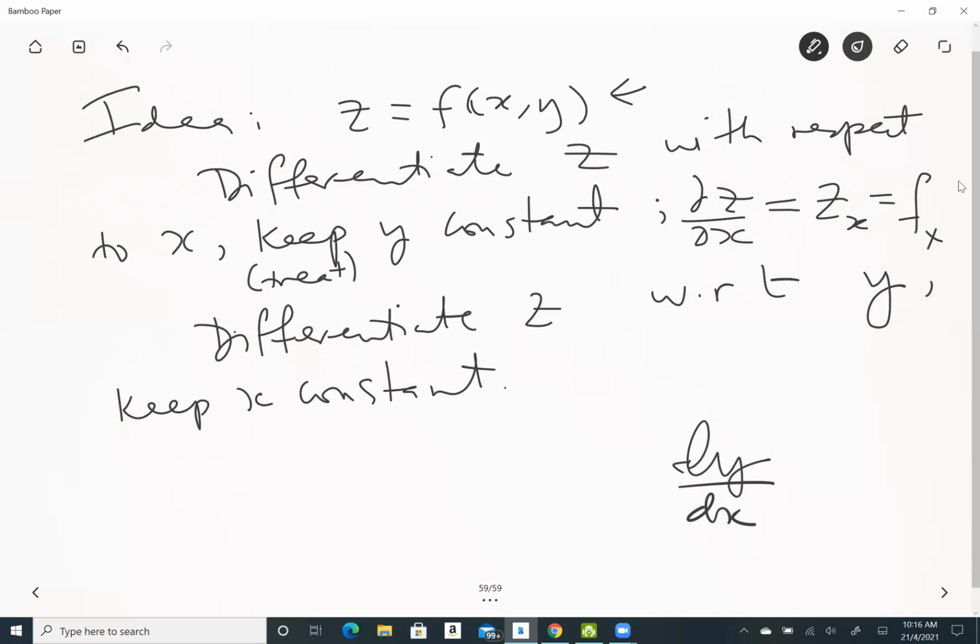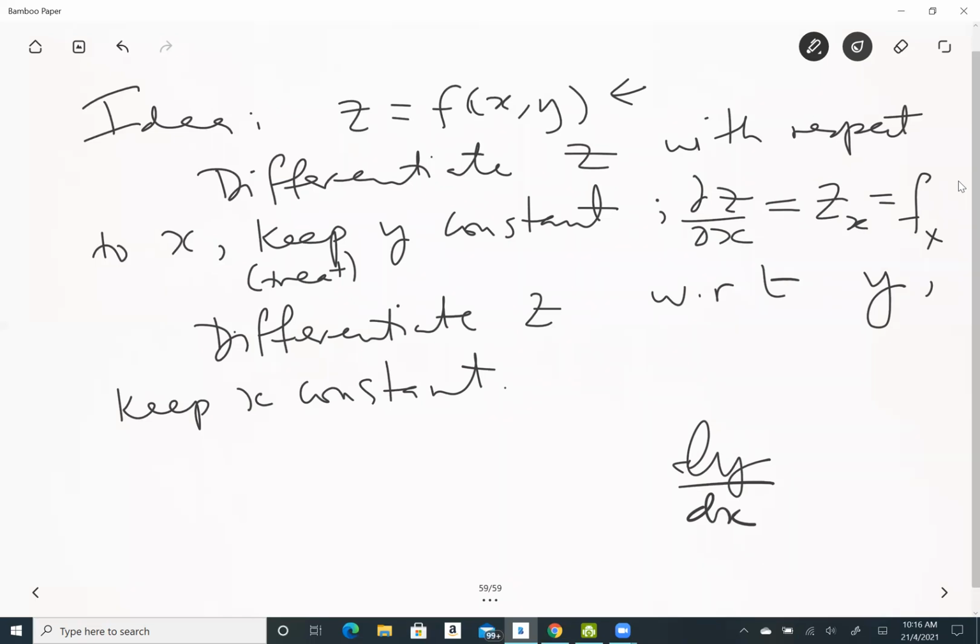This is a subscript, you write it small at the bottom, not like f as a function of x. I think this is the most common notation that we use.